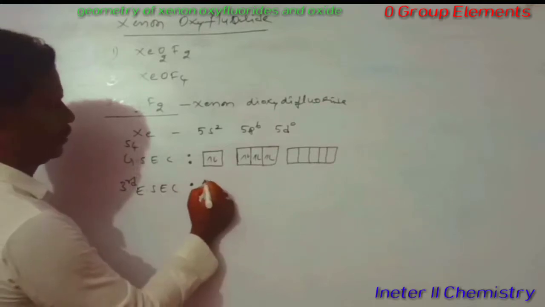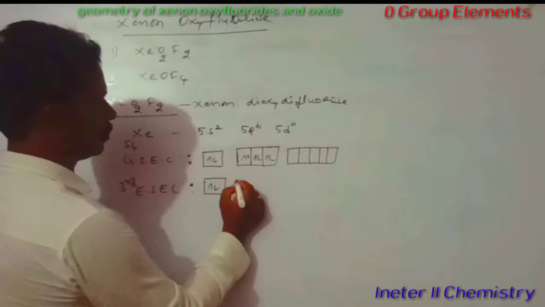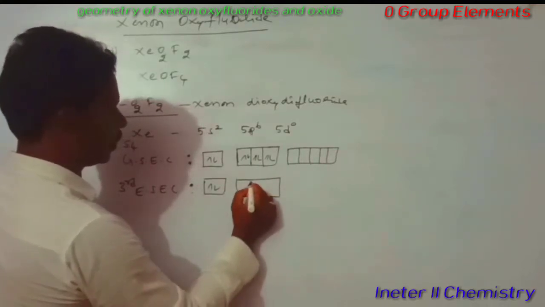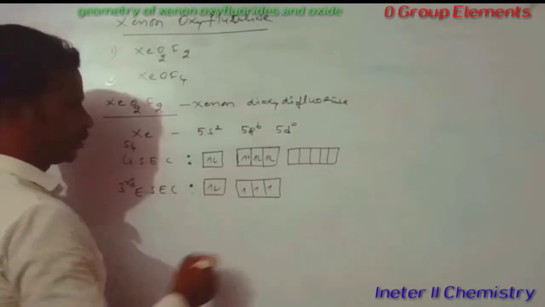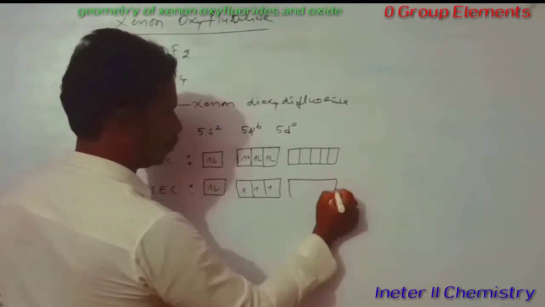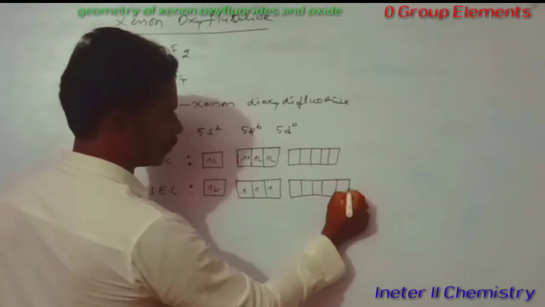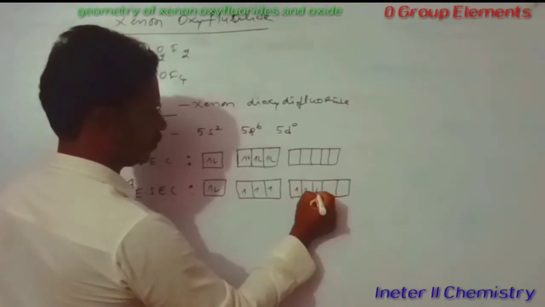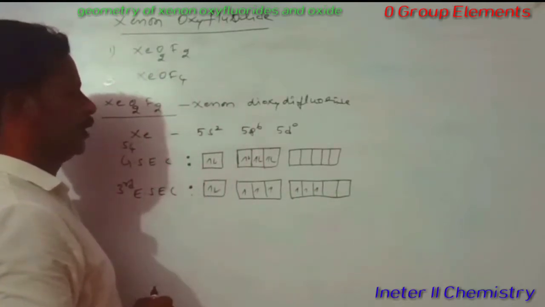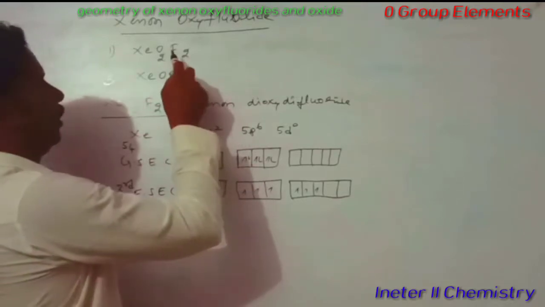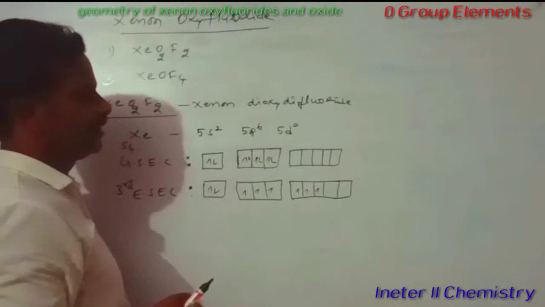In the third excited state, these 3 electrons, the p electrons, are excited to the d orbital like this. So totally how many unpaired electrons here? Totally 6 unpaired electrons.